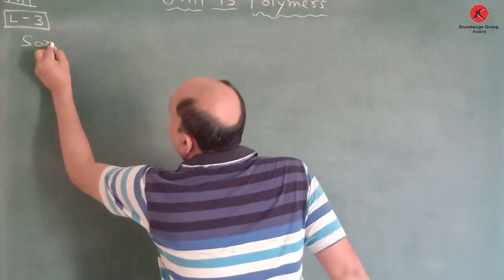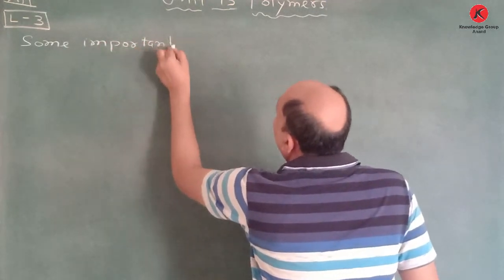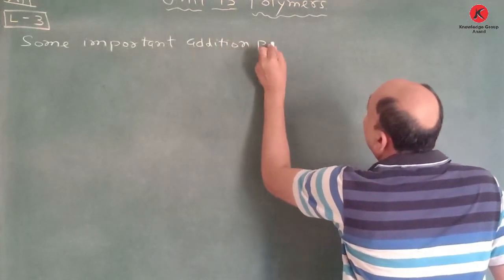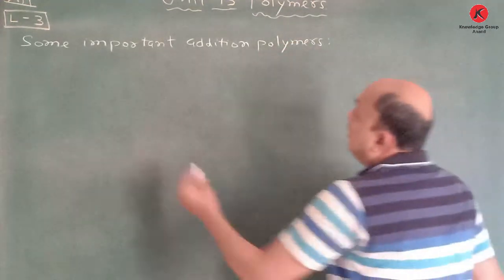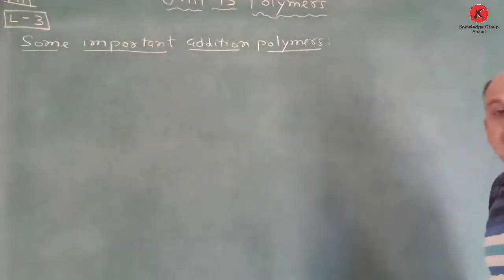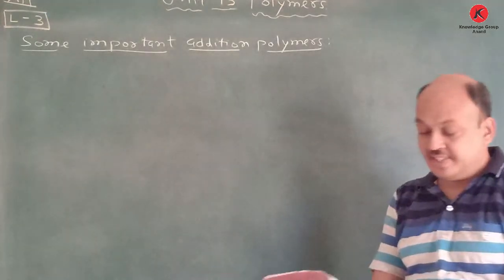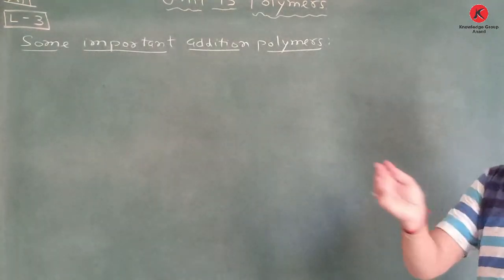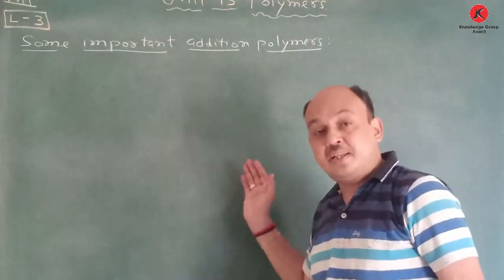First, as in your NCERT textbook, is polythene, which is again classified into low density polythene and high density polythene.